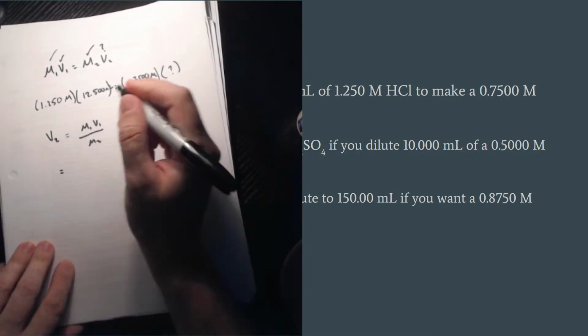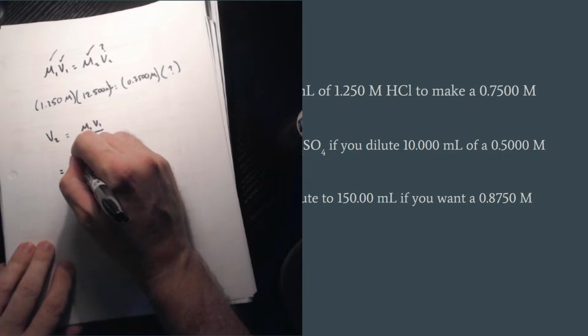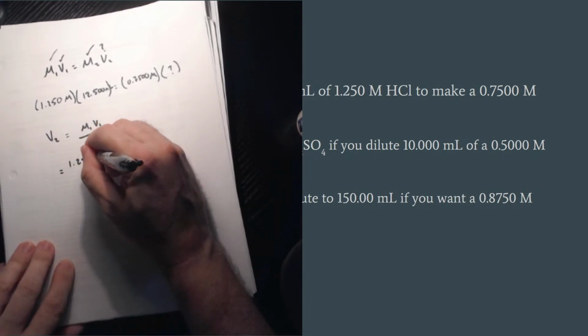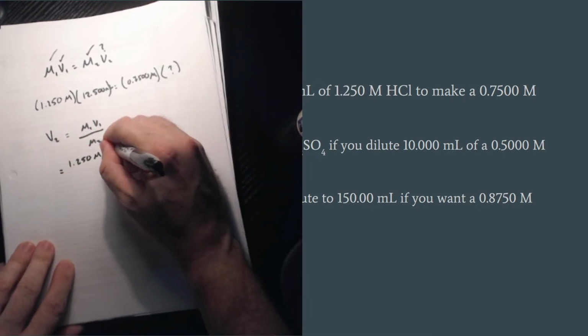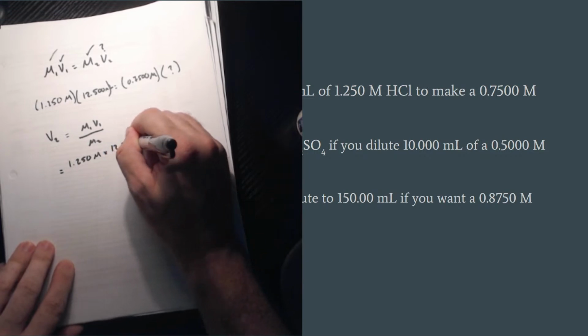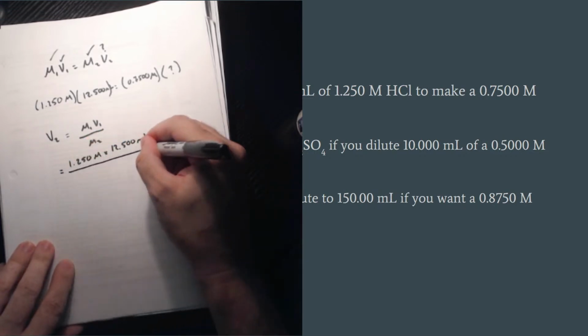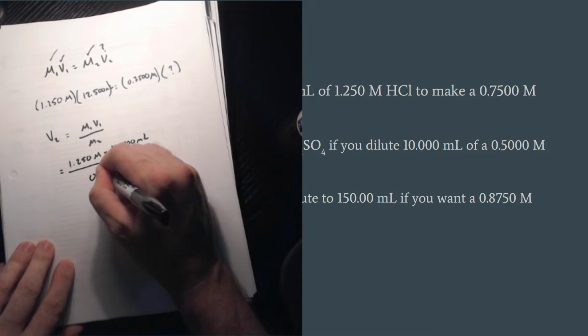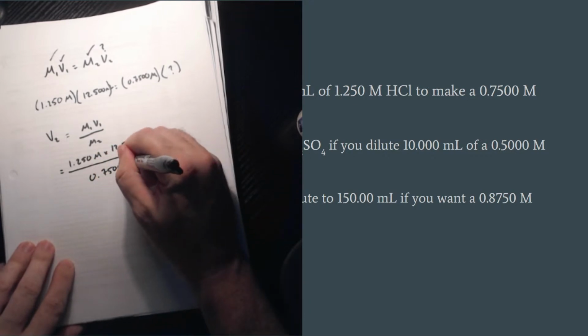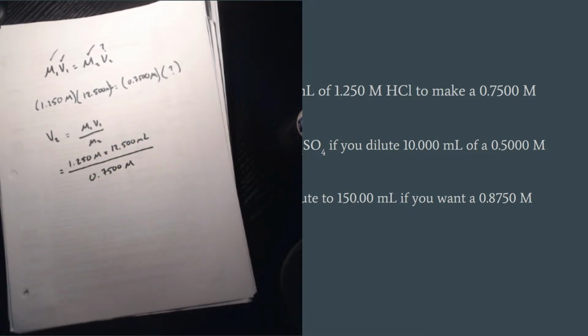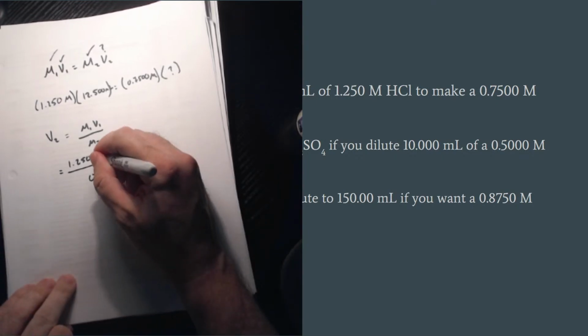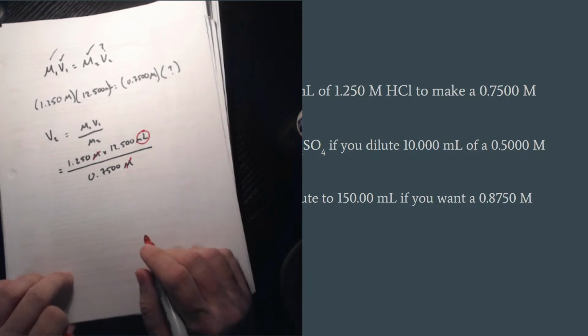So volume 2 is equal to 1.250 molar times 12.500 milliliters divided by 0.7500 molar. So our units of molarity cancel out, and it's going to leave us with units of milliliters.